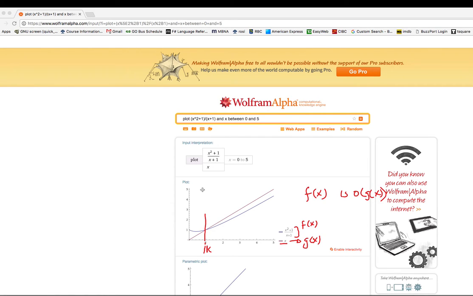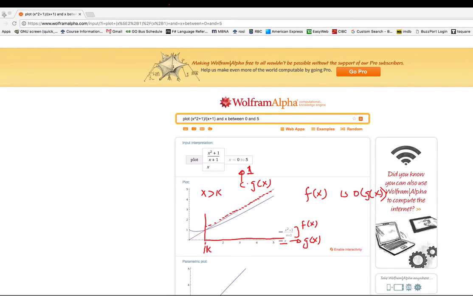For all x greater than k, the function c times g of x, where c happens to be 1, is greater than the function in blue, which is f of x. So the statement in orange is actually true.